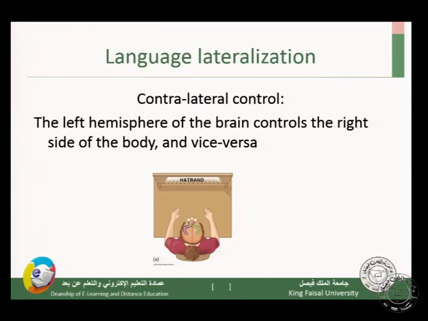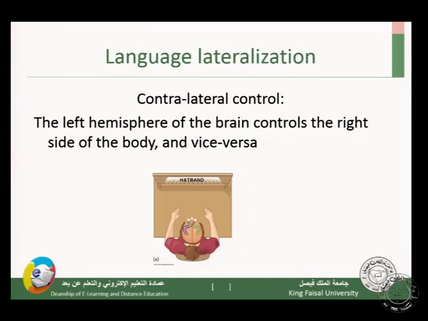So if you want to move your right hand, the side which controls the movement is the left side. If you want to move the left hand, the side which controls the left hand's movement is the right side.